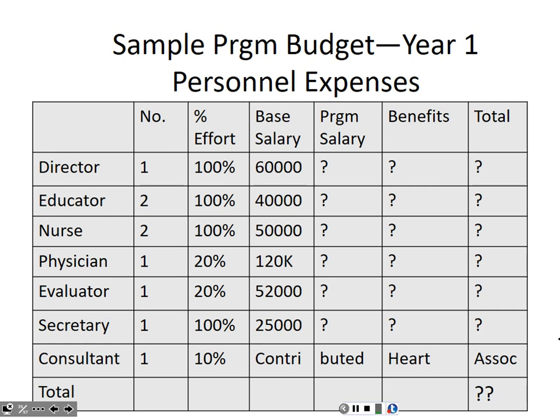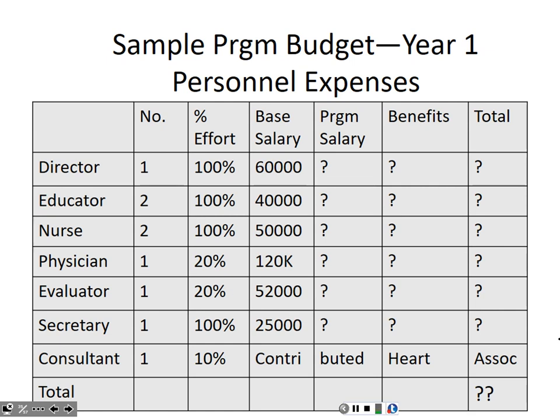But if someone is only working 20% on my project, then my project is only going to cover 20% of their annual full-time salary. Does that make sense? So the program salary, again, which is the salary that will be budgeted to my program, is their base salary multiplied by the percent effort that they will allocate to my program.